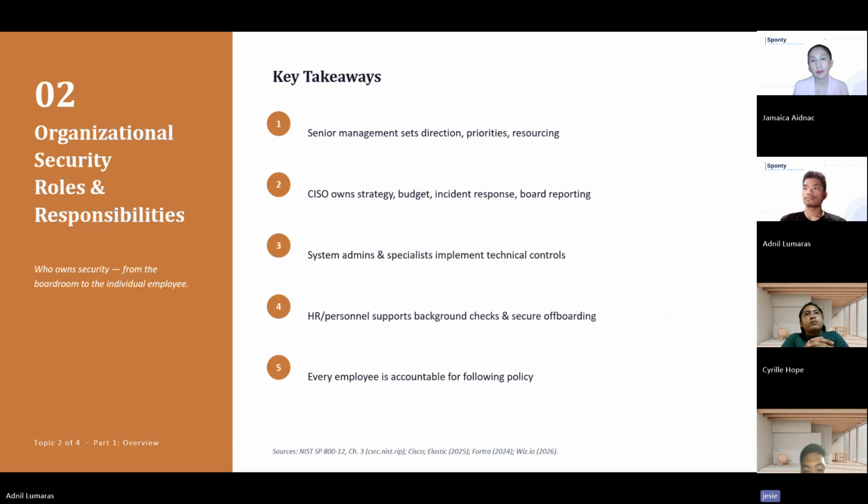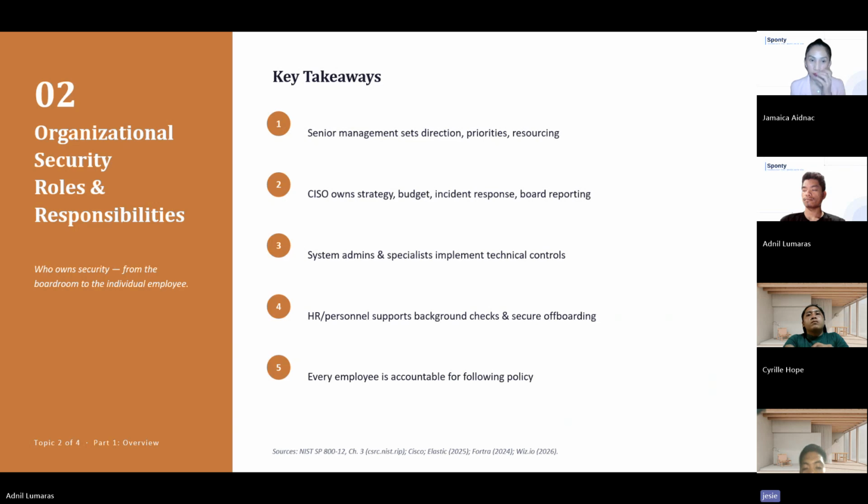Building on our previous group's discussion of policies and procedures, this topic answers the natural follow-up question: once the policies exist, who is actually responsible for writing them, enforcing them, and living by them?